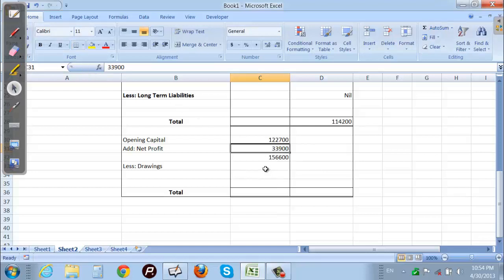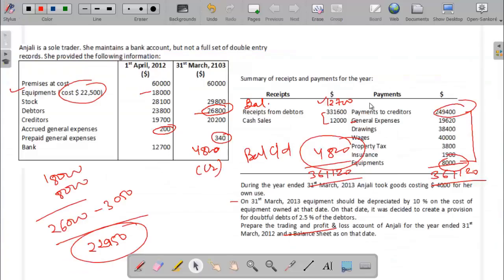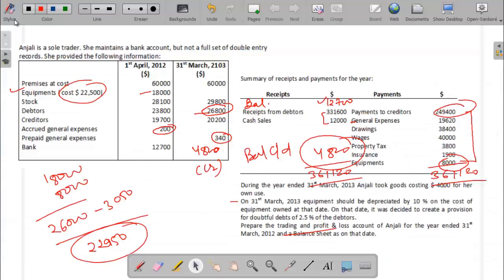The total is 1,56,600, and from this we have to subtract drawing, and we know the amount of drawing. Let's see, as per cash book the amount of drawing is $38,400. So this we will write here, $38,400. But one more item of drawing is there, and that is that Anjali has withdrawn goods costing 4,000.